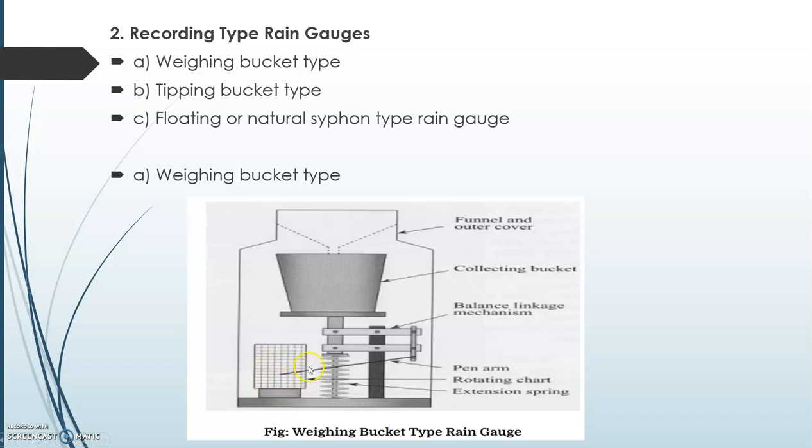One, the drum rotates, and at the same time the pen marks as per the weight. So it has a connection with time. With a particular speed this drum rotates, and at the same time the pen marks based on how much the weight is. So directly we get the mass curve by using this weighing bucket type rain gauge. In this way the weighing bucket type rain gauge works.